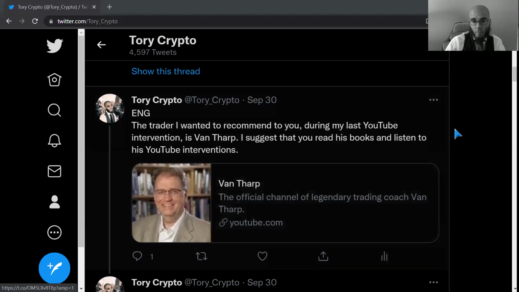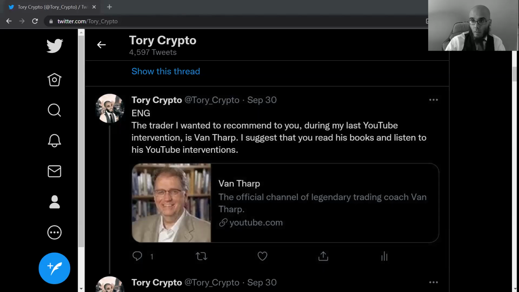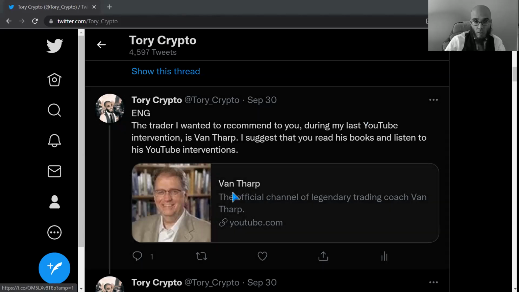So the trader I mentioned yesterday is Van Tarp, and I did put you his webpage where he posts his interventions, his YouTube interventions. And he did write a couple of books, which I'm reading right now. I'm on the second one. The second one is something about the matrix. The first one I did read was The Red Pill, the Matrix.